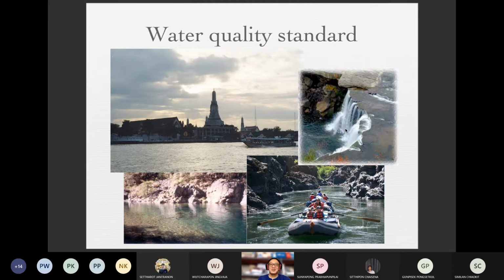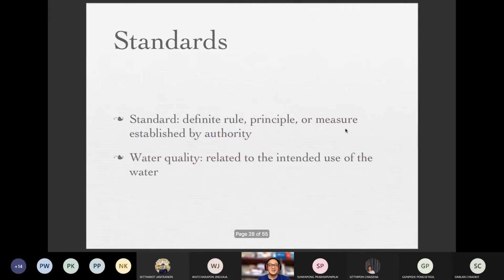Okay, talking about water quality standards, we are going to talk about why standards are important, and also how a country or community can actually establish these standards. The standards normally refer to a definite rule, principle, or measure, established by the authorities.